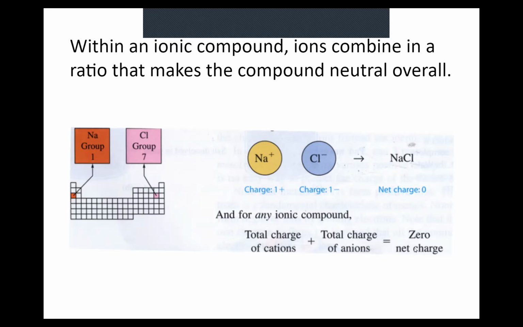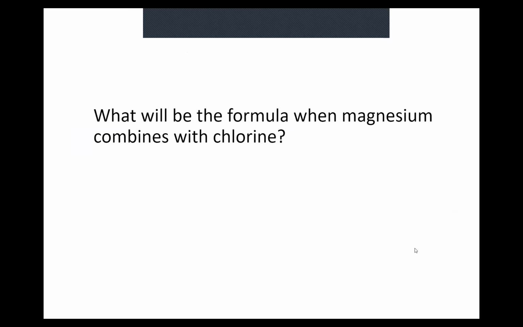Let's try a little more complicated one. How about magnesium combining with chlorine? Now, the first thing you're going to want to do is to locate those elements on the periodic table. So hopefully you have your periodic table nearby. Go ahead and look up and find magnesium, and look up and find chlorine. You'll find that magnesium is in column 2 or group 2, which means it's in that column that takes +2 for its charge.